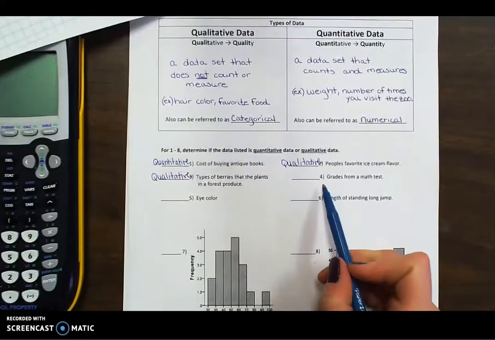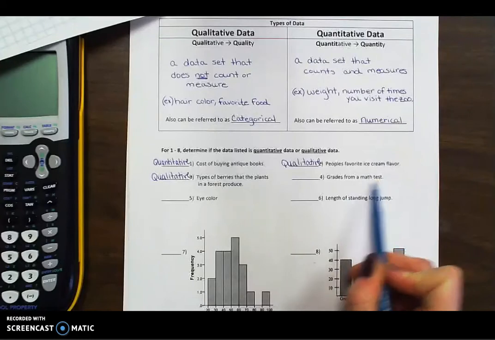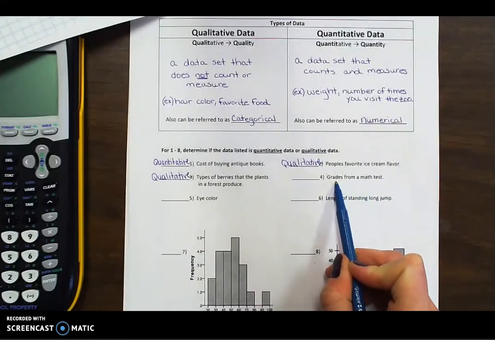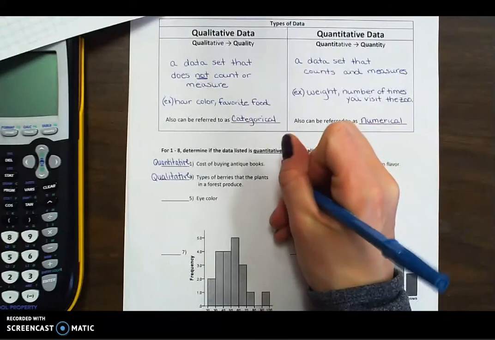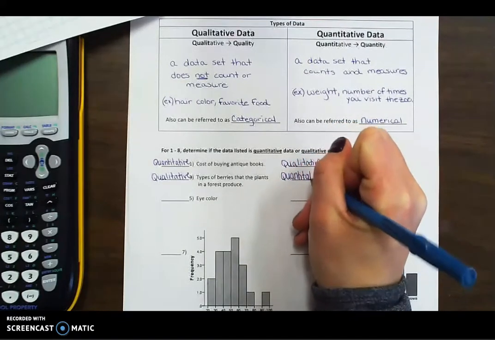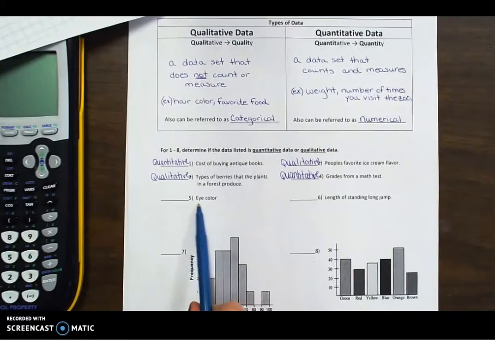Next up, number 4, grades from a math test. Your grades on a math test would be 90%, 80%, 75%. Those are all numbers, which means we are working with quantitative data. Go ahead and think about number 5, eye color.